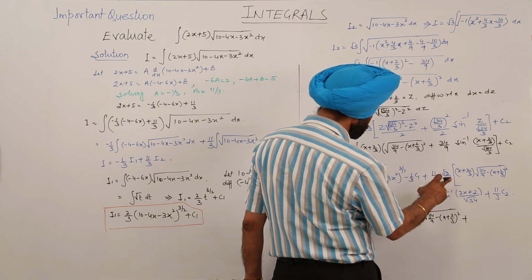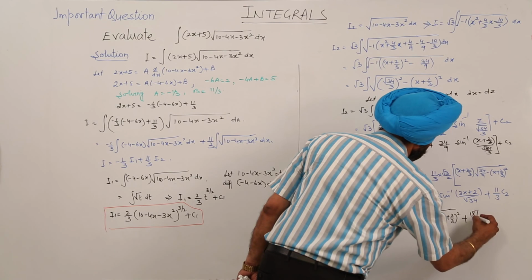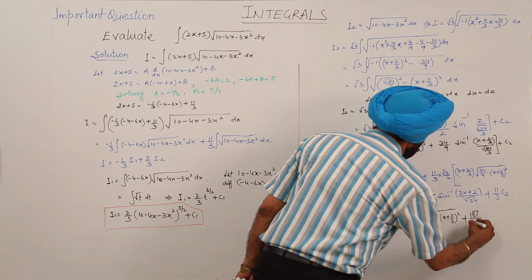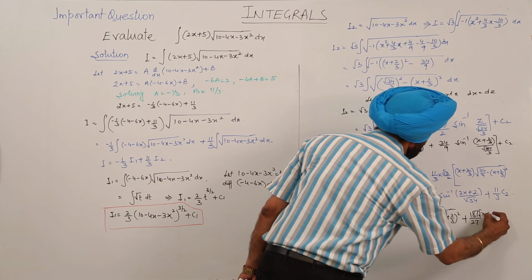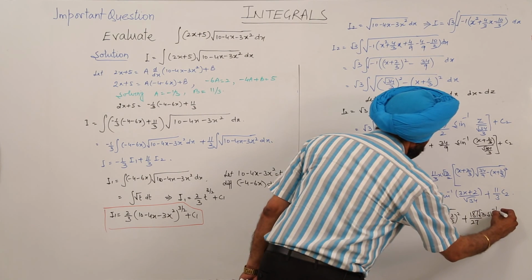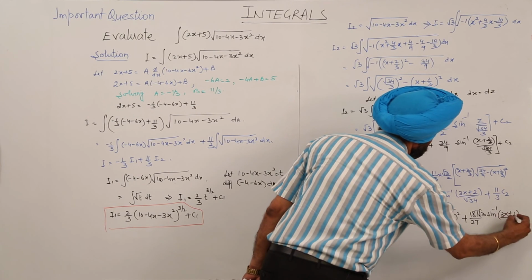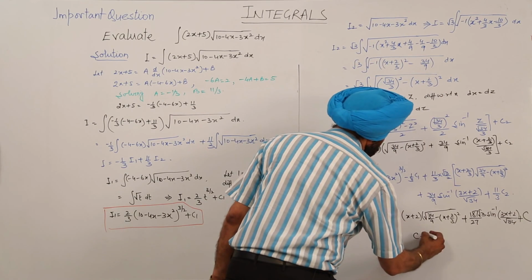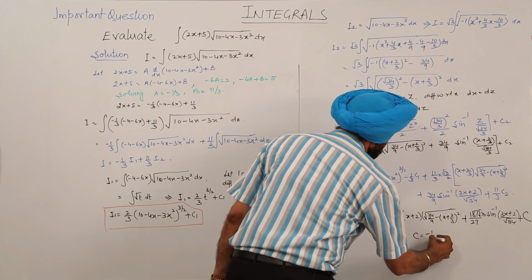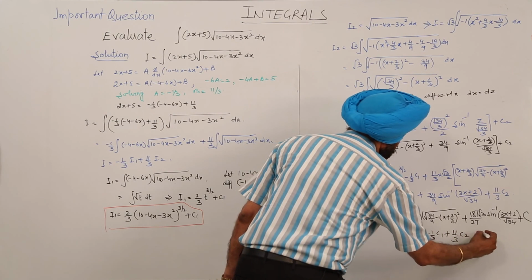So 2 cancels with 34, and we have 187 upon 27 root 3 sine inverse of (3x + 2) over root 34, plus C, where C is equal to -1/3 C1 plus 11/3 C2. Answer.